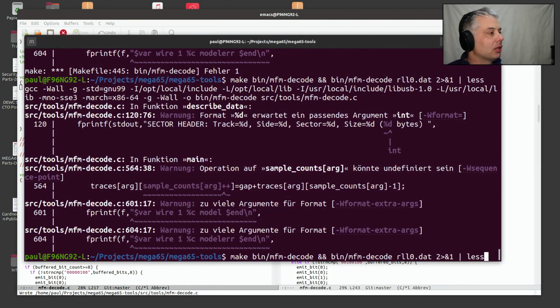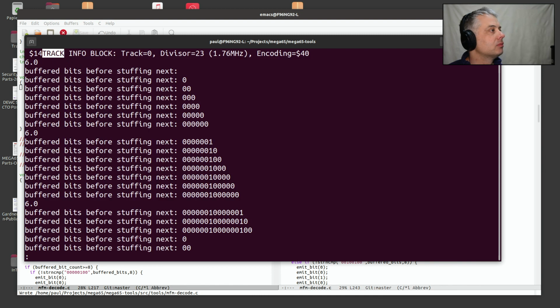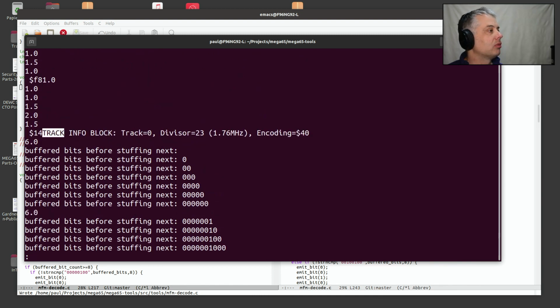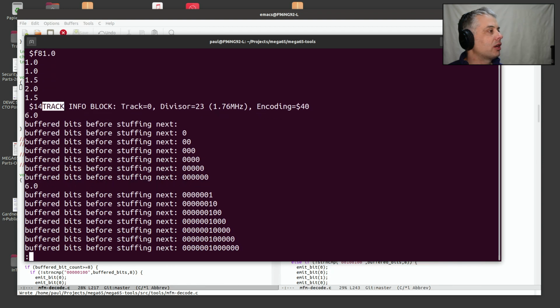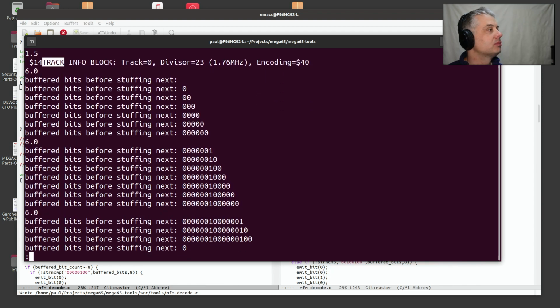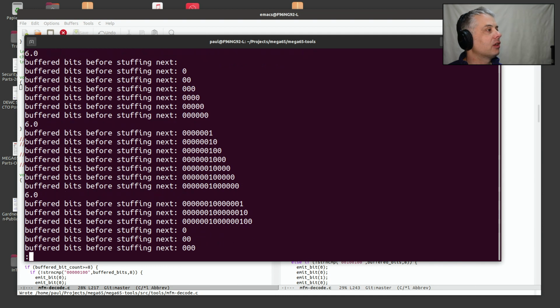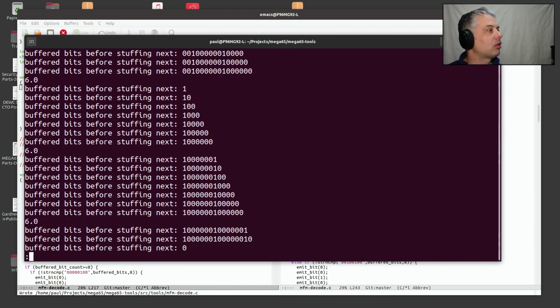So it gets properly interleaved. Okay, so we find the track info block, and then we're stuffing our bits in. That's all good.